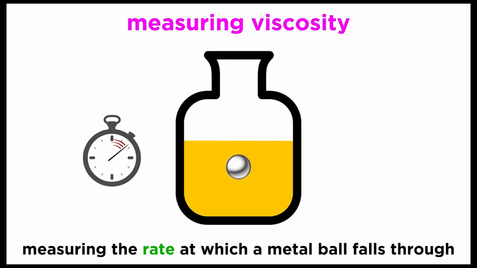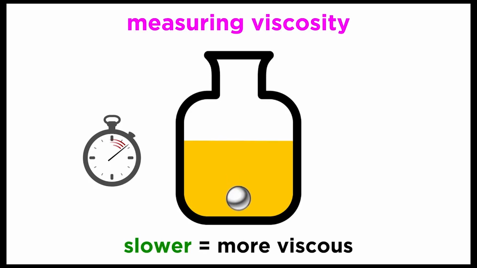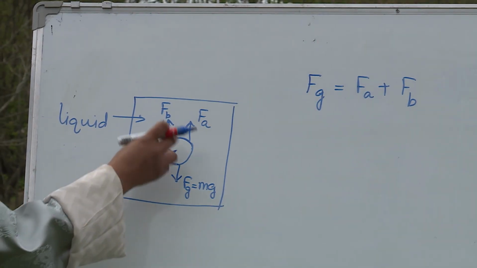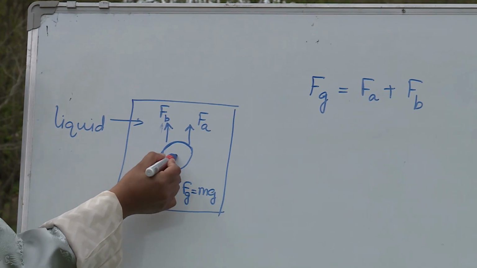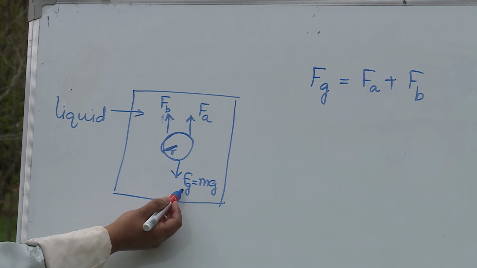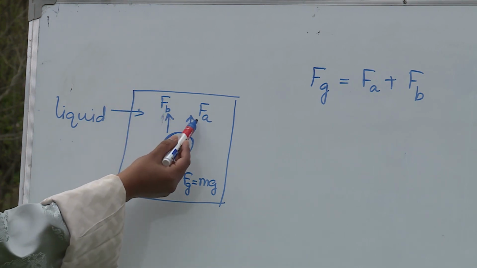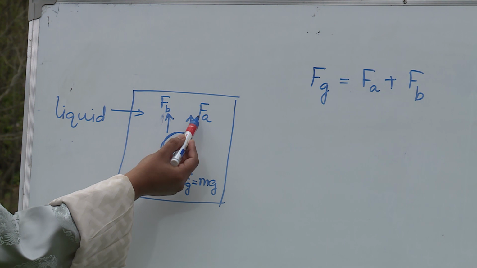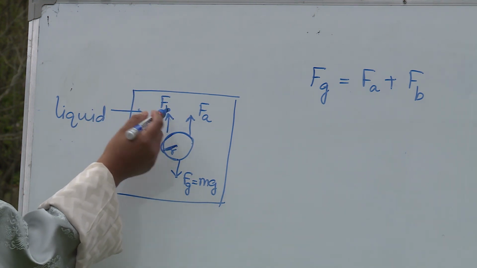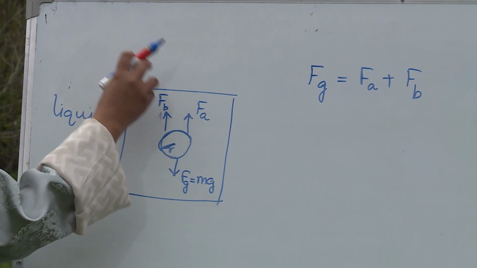We measure viscosity quantitatively by measuring the rate at which a metal ball falls through a substance. The slower it falls, the more viscous the liquid. Okay, so you see this is your body, a spherical body having radius r, and there is a downward force due to gravity, Fg, and an upward force, which is the drag force or force due to viscosity, and then this is the upthrust.